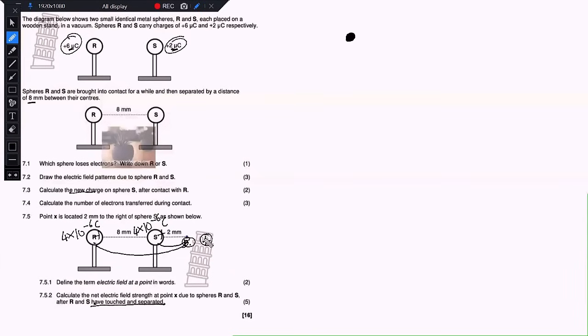Now, where we have a positive and a positive, we have repulsion. So we can indicate that this will be the electric field of X due to R, right? Because if you check it in reference to X, it will be repelled, because it's experiencing a positive charge from here, and also X is positive, so it needs to be repelled. But then also with S being positive and X being positive, we have another repulsion.